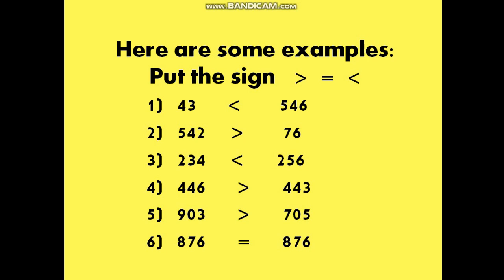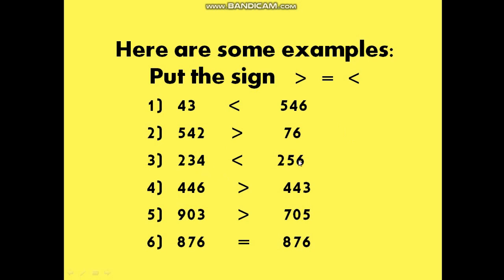Let's go on to the second example. 542 and 76. Again, 542 is a 3-digit number and 76 is a 2-digit number. So the crocodile goes towards 542. Greedy crocodile he is. Let's go to the next number.